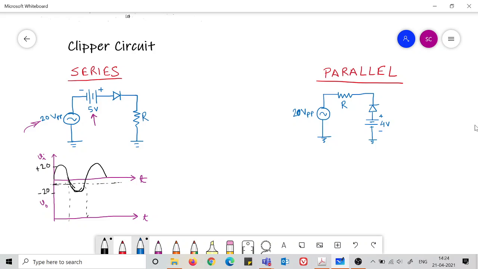So in this input voltage you can actually demarcate a region where the diode is on and off. First thing is to do this. The region of the forward bias operation and the reverse bias operation needs to be clearly identified.